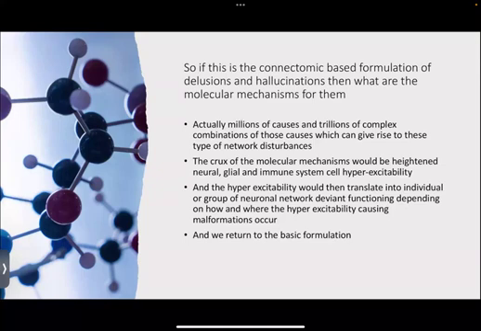And the hyperexcitability would then translate into individual or group of neural network deviant functioning, depending on how and where the hyperexcitability is causing malformation. And ultimately, the disturbance would become first physiological, then enhanced physiological, then ultimately pathological.